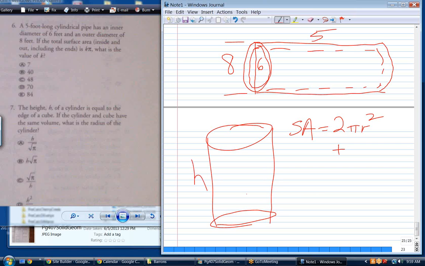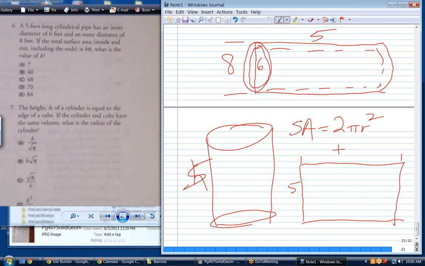The key here is recognizing what the lateral surface area is. If this was a soup can, and I had a label on it, and I unpeeled the label, it would be a rectangle with height 5. Let's call this height 5 for our purposes. Do you see that? If I unpeel it, it's going to be a rectangle. What is the width of this rectangle?